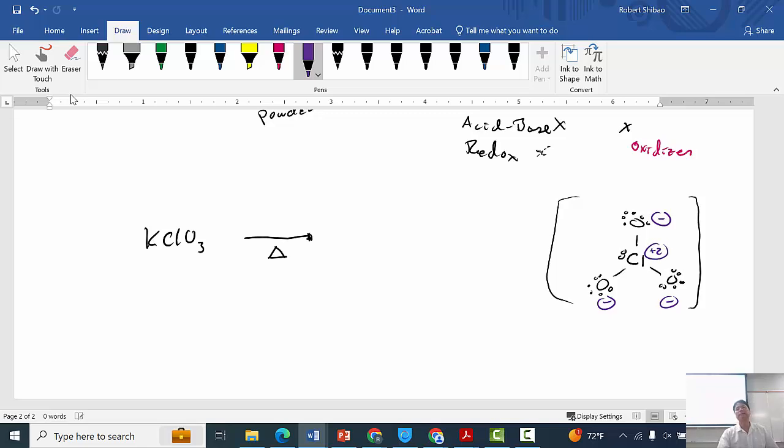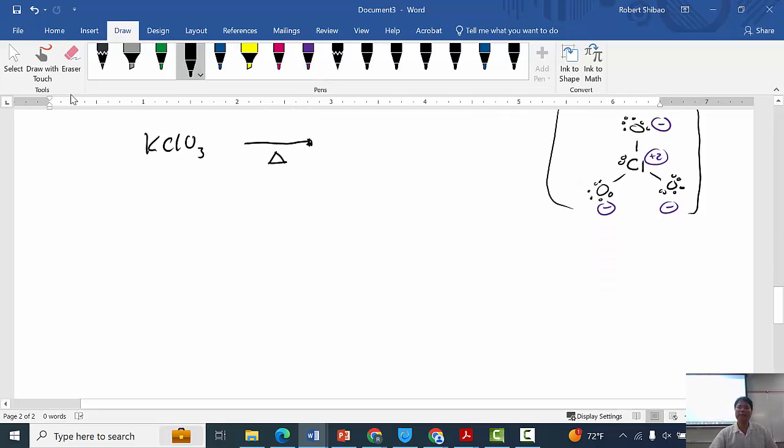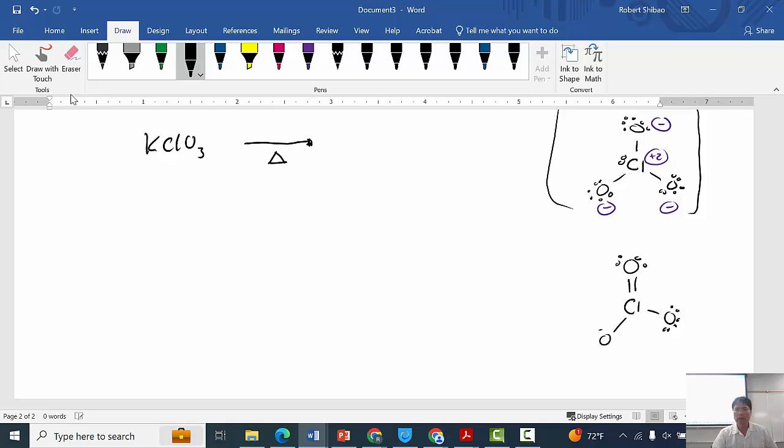So it's kind of high. We can lower the formal charge by expanding its octet. And so what a lot of people do is they'll expand the chlorine octet by creating a double bond. If we make one double bond here, then the formal charge on chlorine drops from plus 2 to plus 1. Actually, this one has 0 formal charge. Let me erase that.